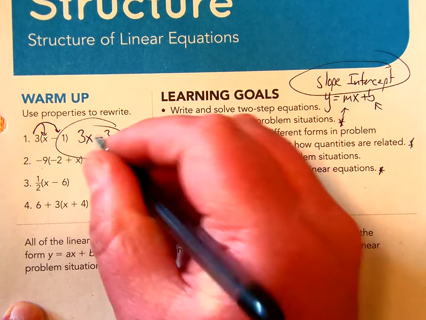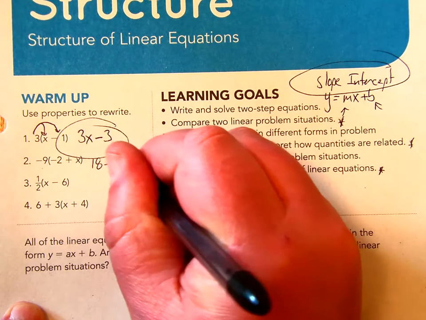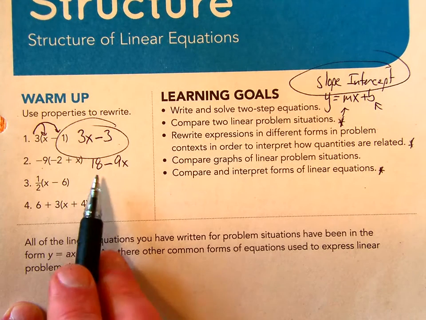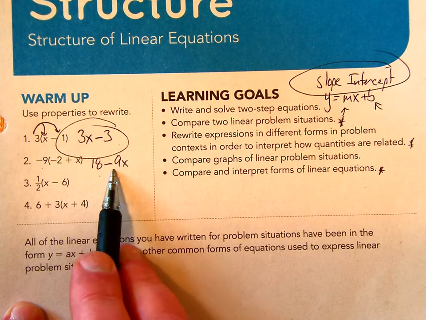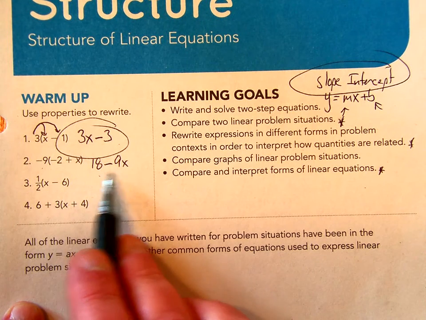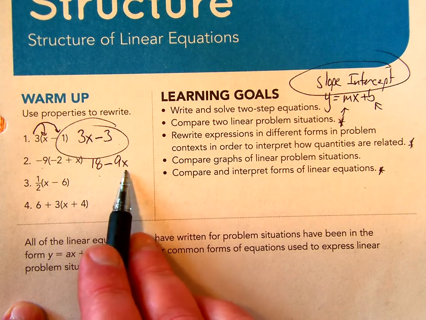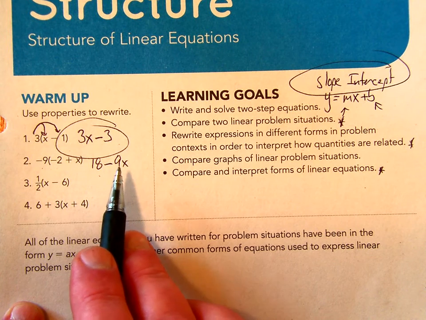Negative times positive is negative. 9 times x is 9x. So 18 minus 9x, or 18 negative 9x, is simplified. Again, I cannot combine these terms. They are not like terms. Like terms mean they have the same variables.